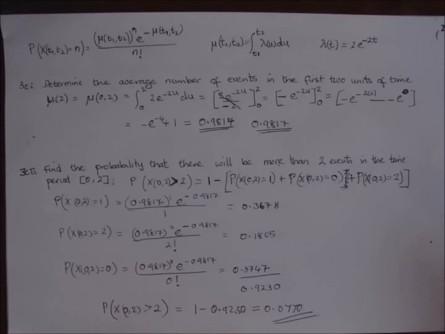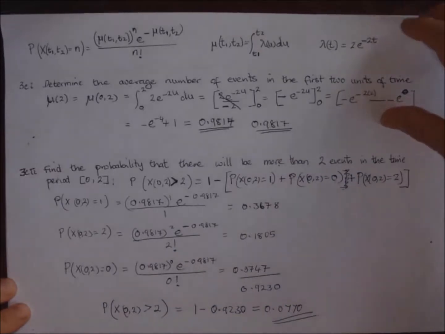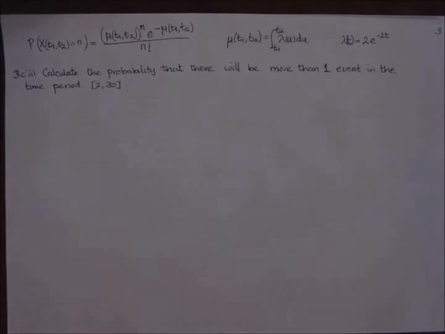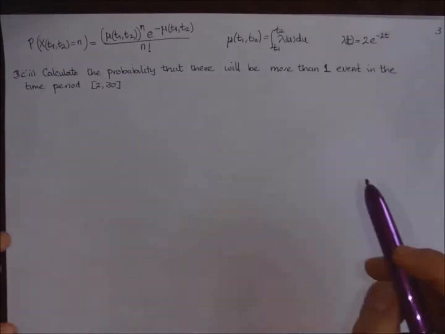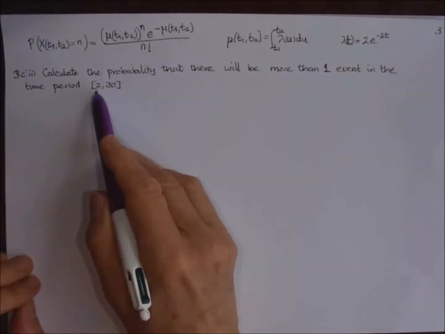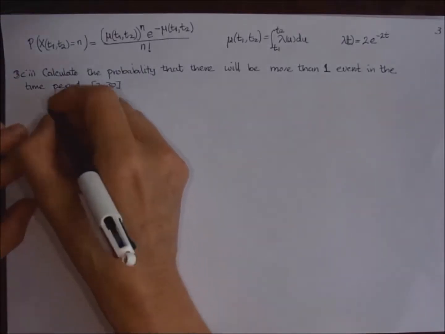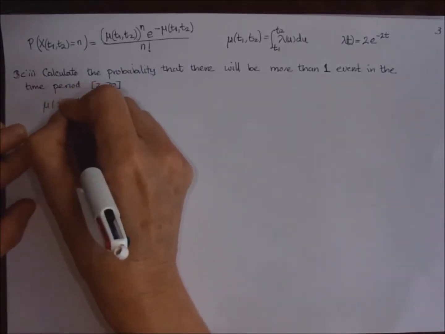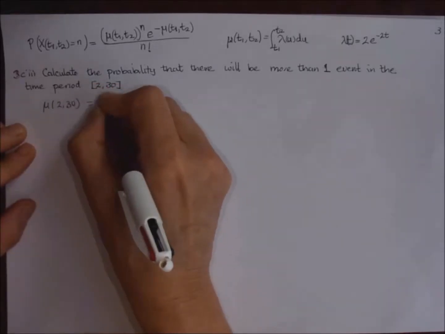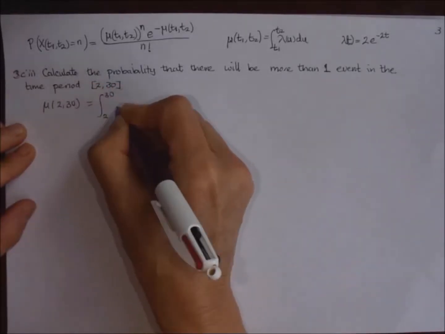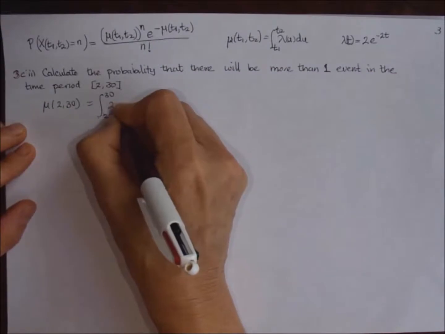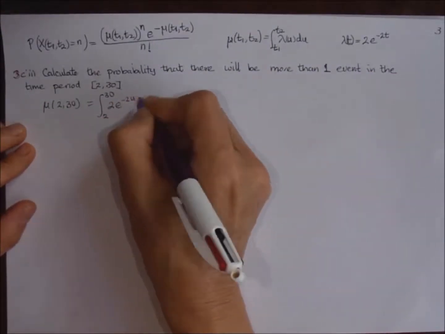Now that's only C2. C3. Okay. For C3, it's calculate the probability that there will be more than one event in the time period 2 to 30. So we have to find the average for this as well. So we're going to get mu between 2 and 30, which is the integral between 2 and 30 of lambda u, which is 2e to the minus 2u du.